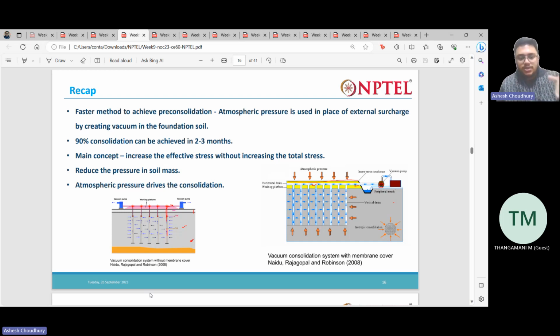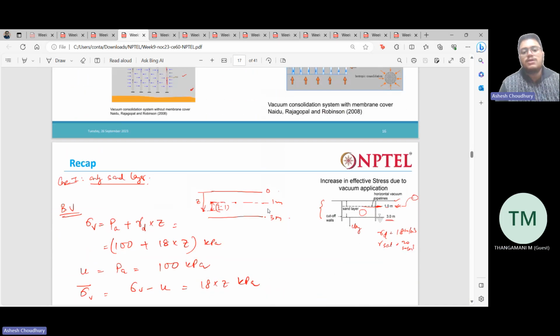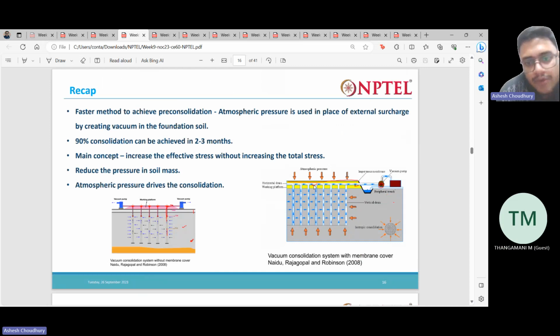In order for the drainage to take place, we need to induce an increase in effective stress in the soil. For that, we generally provide some preloading with some surcharge. That can be substituted by applying vacuum pressure.